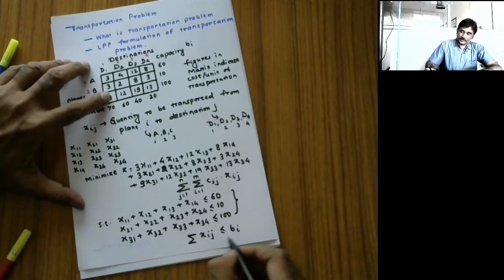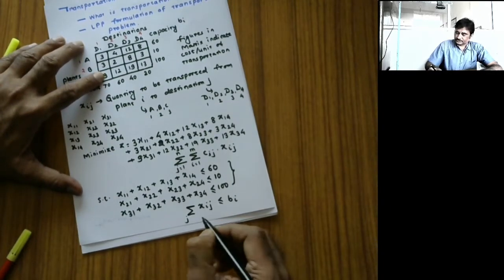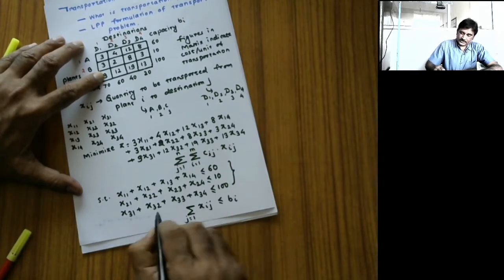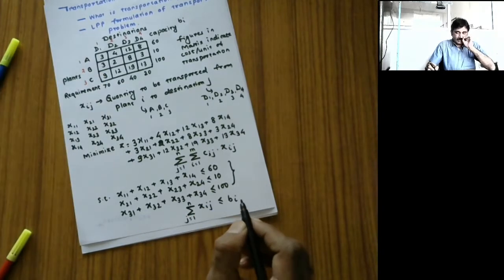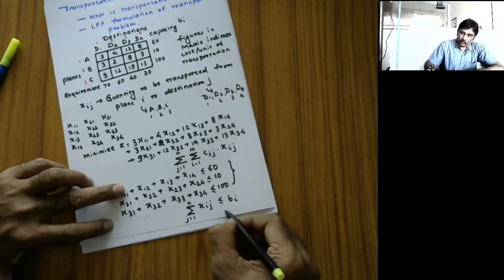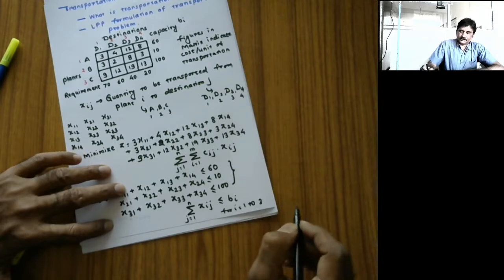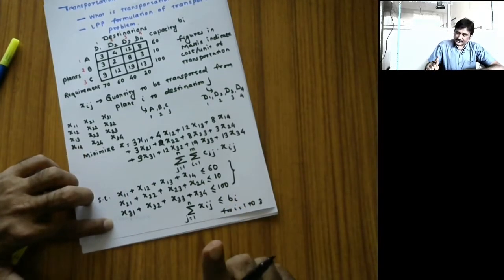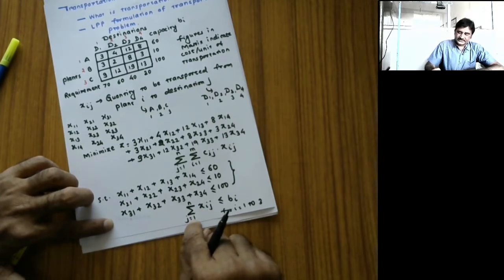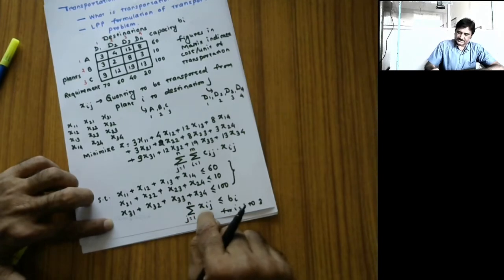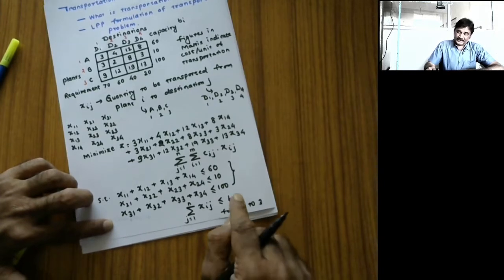For j equal to 1 to N, where N is the number of destinations, and for I equal to 1 to 3. Once I set I equal to 1 and go on varying j from 1 to N, I expand this summation: X11 plus X12 plus X13 plus X14 less than or equal to b1, which is 60.